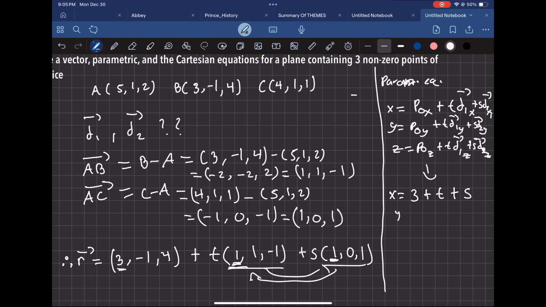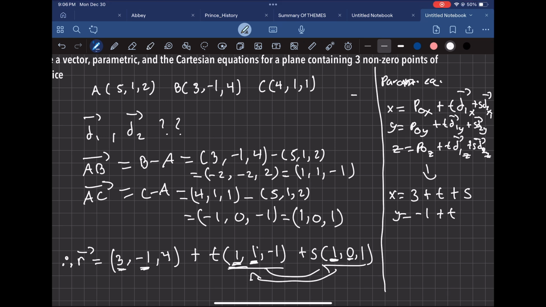Same thing for y, the y value is -1, so -1 plus t times direction vector 1, where the y value is 1, so we'll see that as t, plus s, the y value of s is actually 0, so you can write plus 0s, but obviously we're just going to simplify that to just -1 plus t.